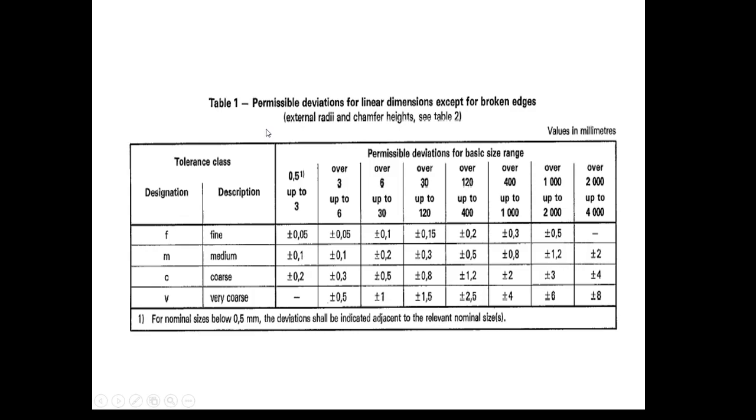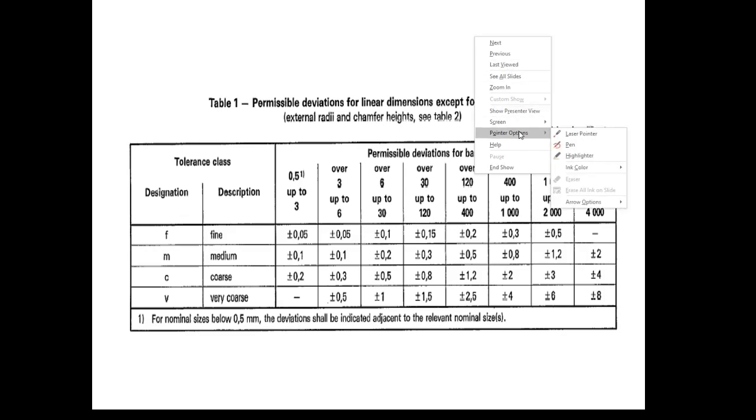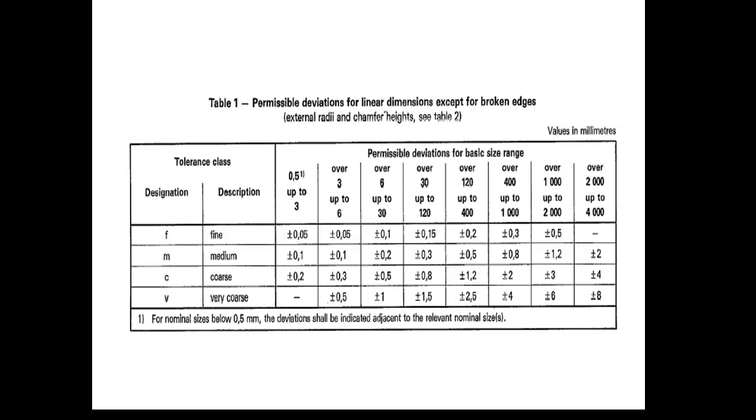Say that in our case, for non-functional dimensions, the tolerance class is medium, or fine, or coarse, or very coarse. The order of magnitudes, some dimensions are in this range, 30, 25, 20, etc. In this range, see the deviations. This is quite important. How many figures do you need to show in showing the dimensions? That is the question we are trying to answer.